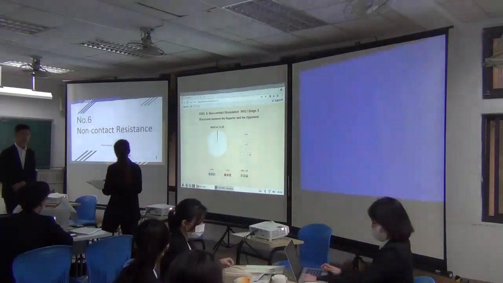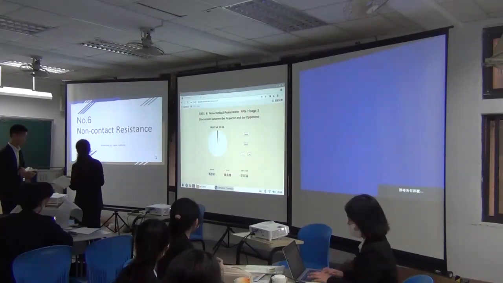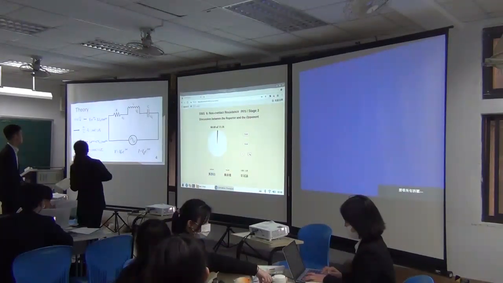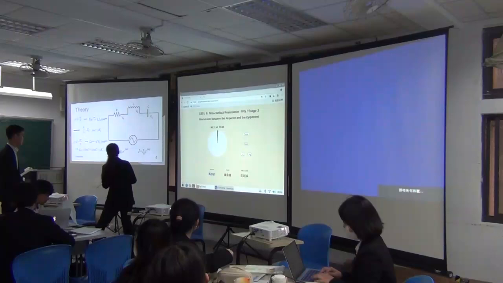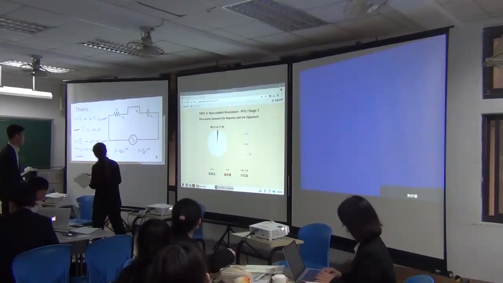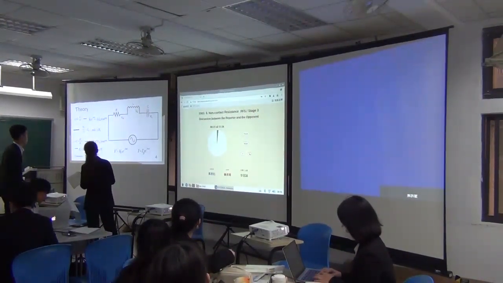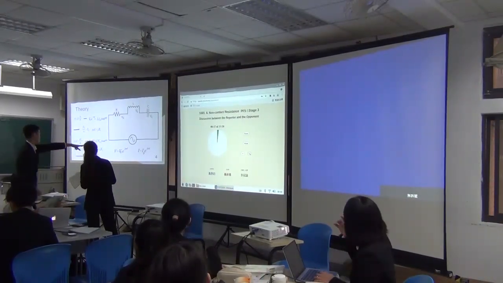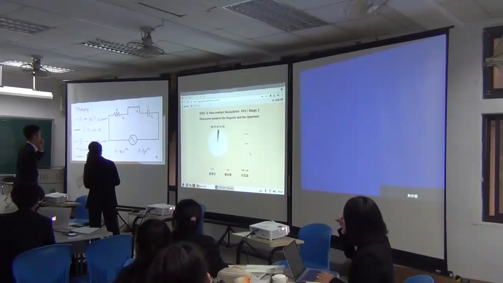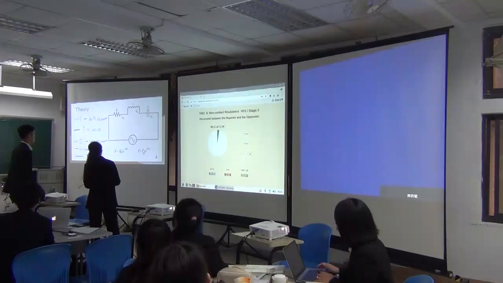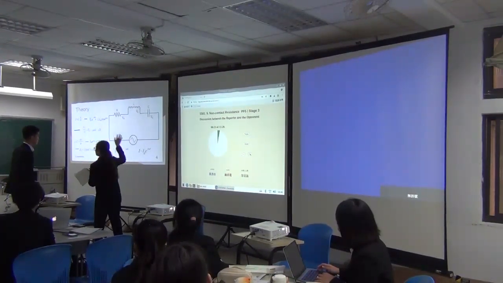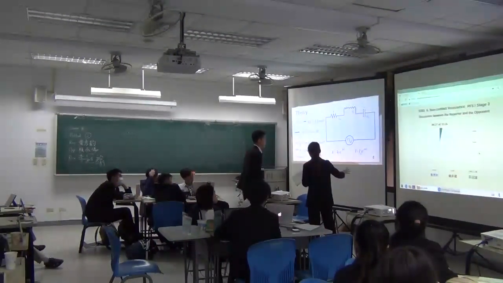So, let's come to the theory part. I don't really understand this part, can you explain it again? There are two equations standing for the value of the voltage and the current. Which part? I mean the voltage of the whole system.